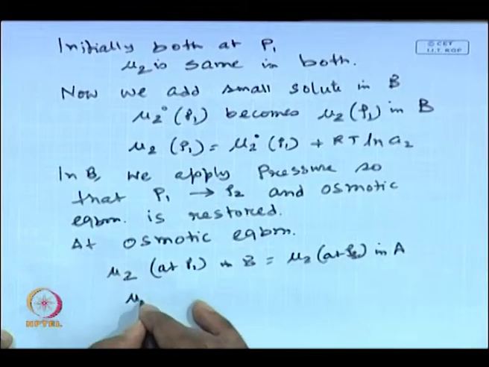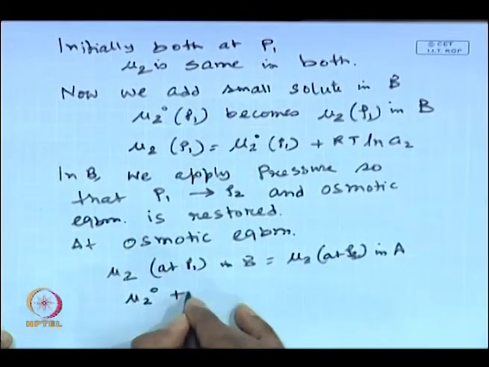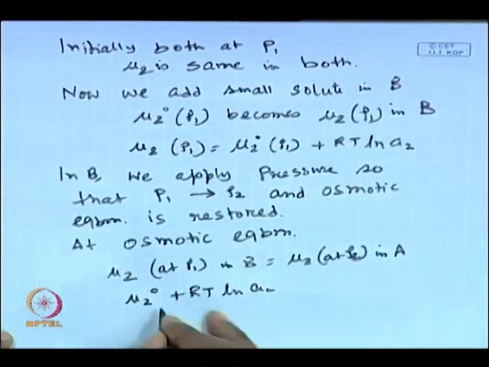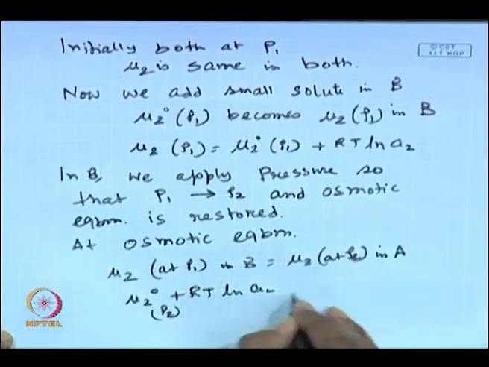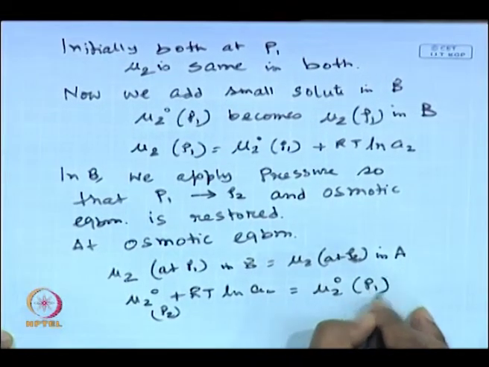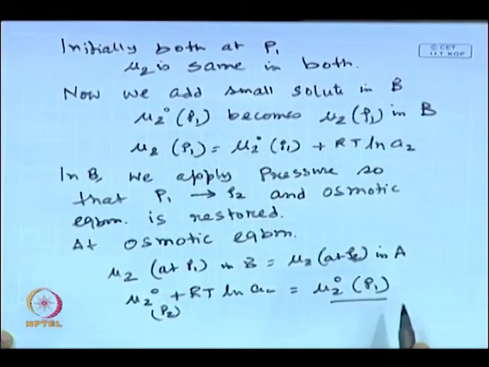So, this becomes mu 2 naught at P2 plus RT ln A2 is equal to mu 2 naught at P1, because in chamber A we had the pure solvent.